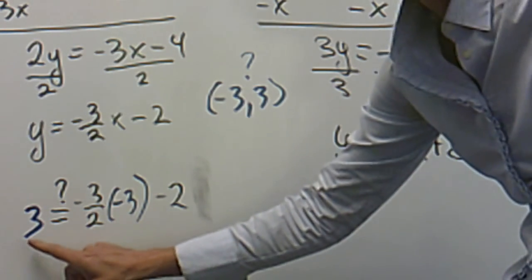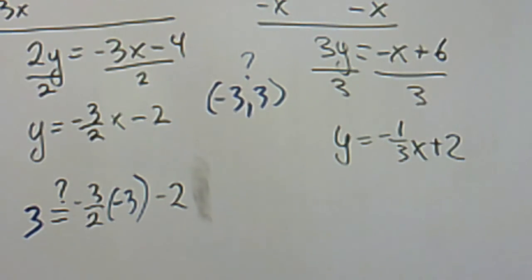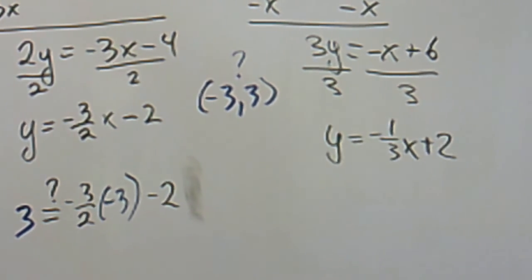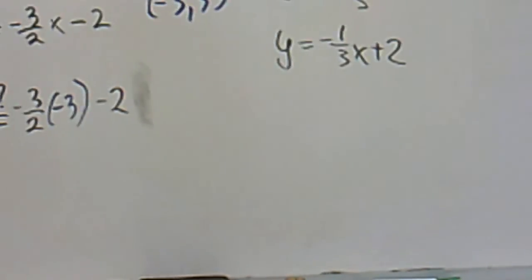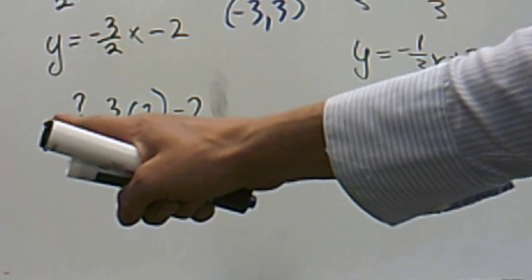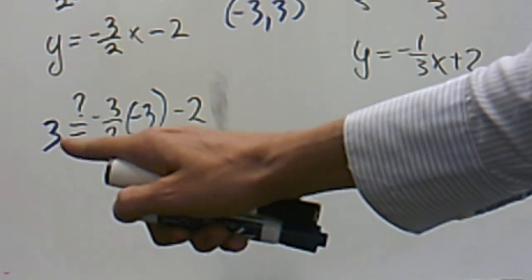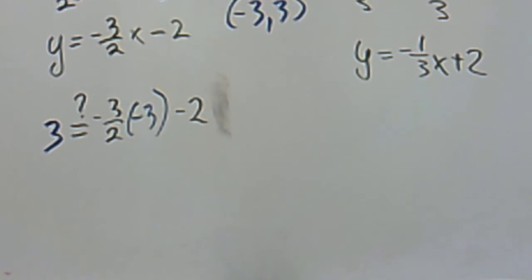So when you check stuff, if you have this the same, you can just leave it. Leave the 3, and then solve that half, and if you end up with something that's equal, then it's right.